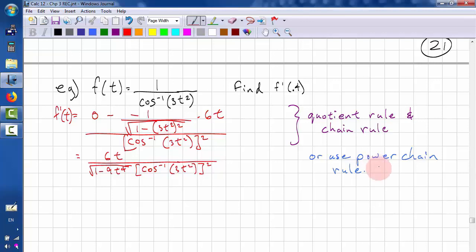Okay, you also have the option to use the power chain rule. Okay, all we have to do is substitute now. F prime of 0.4 equals 6 times 0.4 over square root 1 minus 9 times 0.4 to the power of 4.